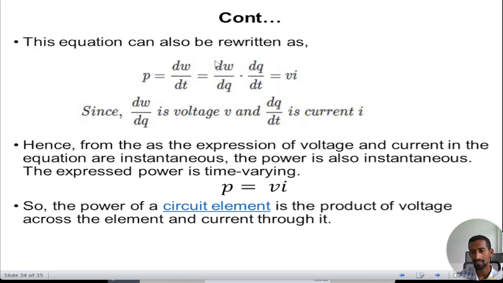But dW by dq is the voltage and dq by dt is the current I, so the power is voltage times current. Hence, as the expressions of voltage and current in the equation are instantaneous, the power is also instantaneous and time varying. So the power of a circuit element is the product of the voltage across the element and the current through it.